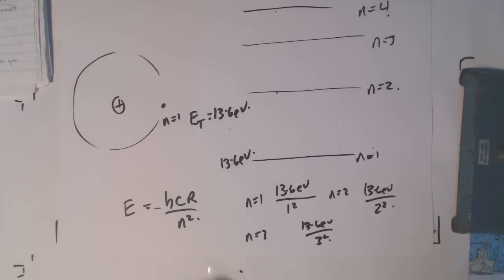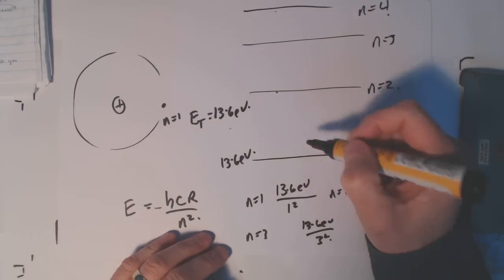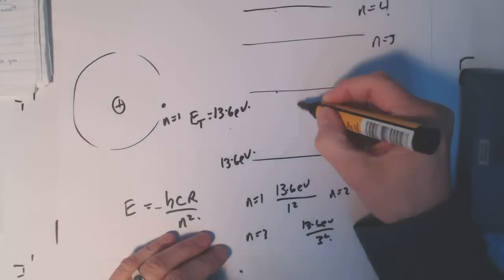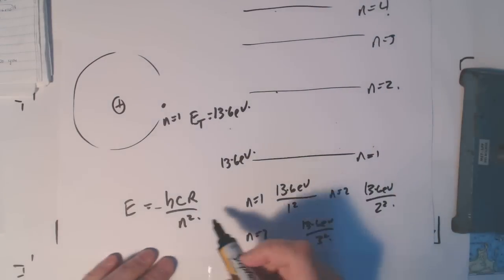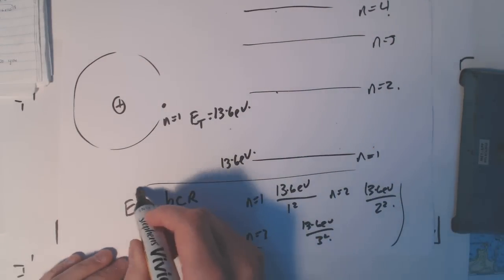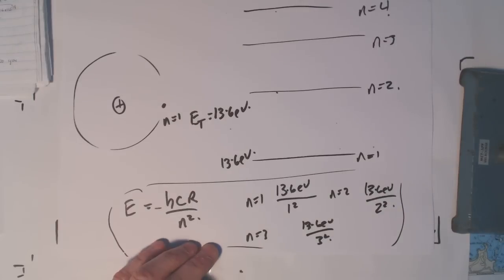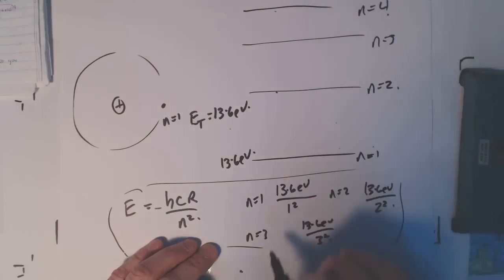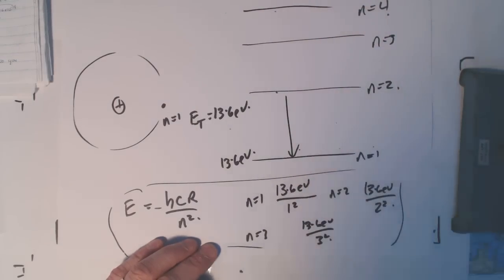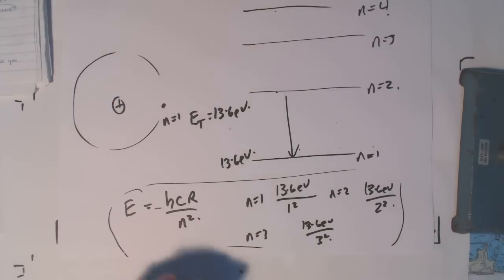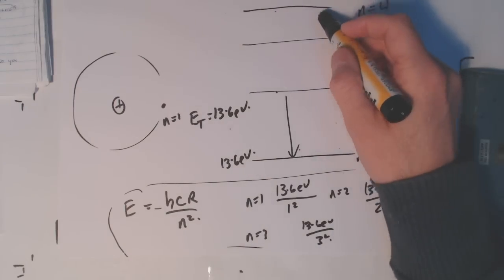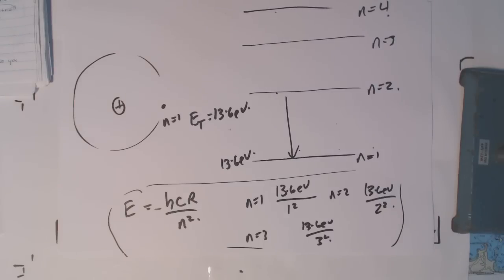So when you actually did that calculation with Rydberg for the wavelengths, you could easily have just used these energies, which you can calculate here. Don't forget to put everything back into volts. And if you wanted to get from 2 down to 1, which we know is not going to be visible. The visible ones are the ones that come down to the second line, right?